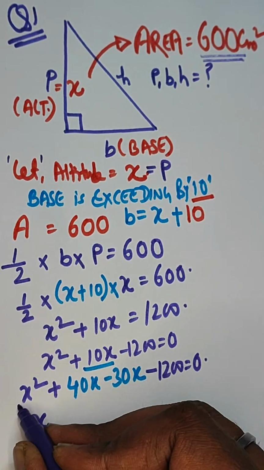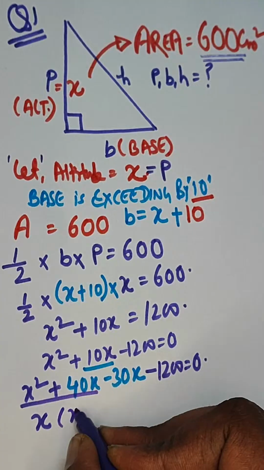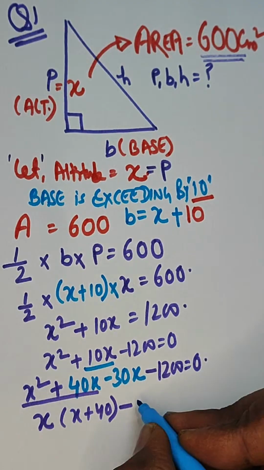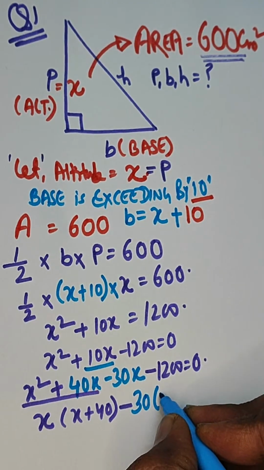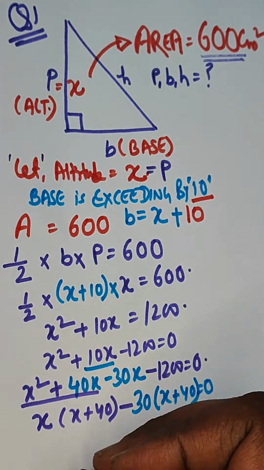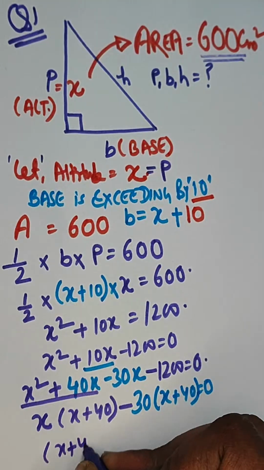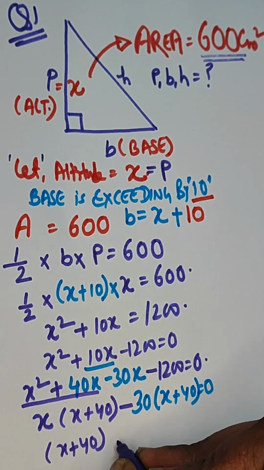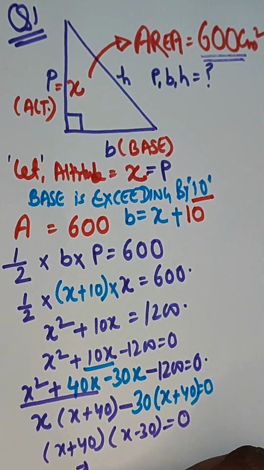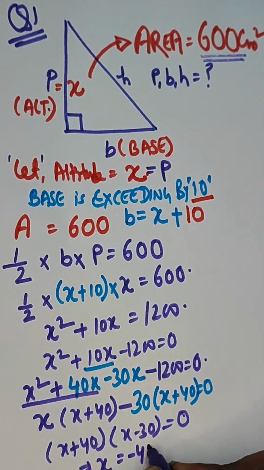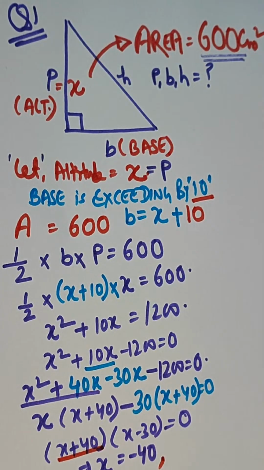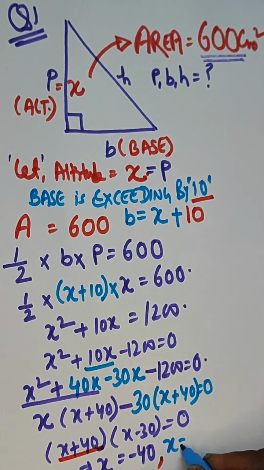When x is taken common from the first two terms, we are left with x plus 40, and when minus 30 is taken common from the last two terms, we are left with x plus 40. So this gives x plus 40 common in both terms, and x minus 30 is left. This gives the value of x as minus 40, and the other value of x as 30.